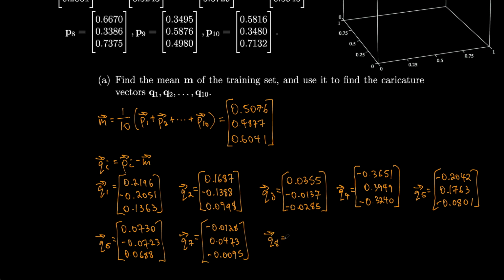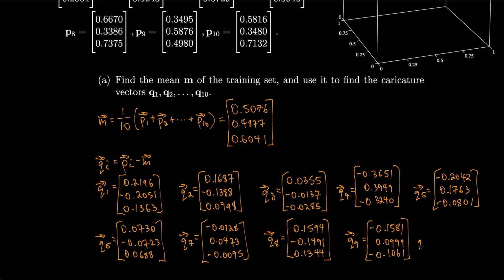For q8, we get 0.1594, negative 0.1491, 0.1344. For q9, we get negative 0.1581, 0.0999, negative 0.1061.